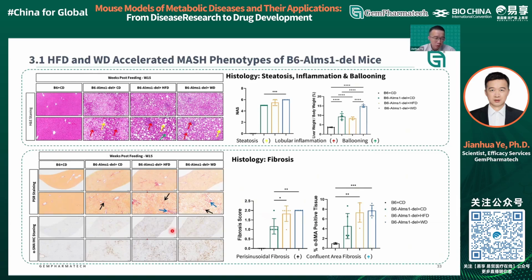And we also do the alpha smooth muscle actin staining. From the alpha smooth muscle actin staining, we can see that the high-fat diet and the Western diet increase the SMA signals.